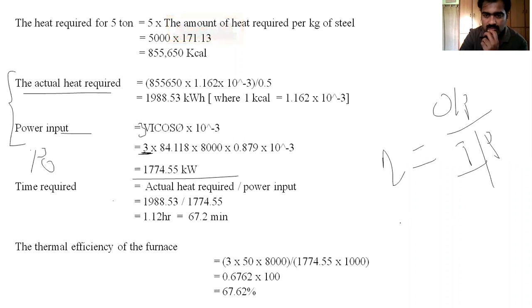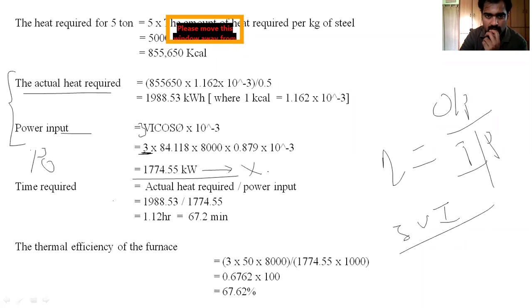That is 3 VI by input power. Input power is 1774.55 kilowatts. So I have converted it into watts, that is into 10 power 3 watts. So this is input power.